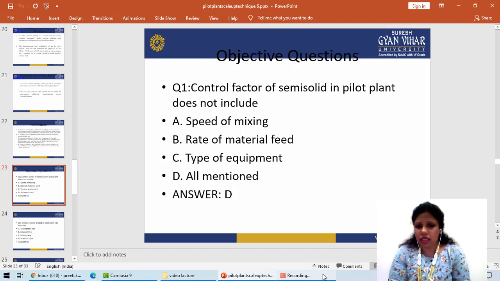Speed of mixing, obviously because mixing is there, so speed of mixing we have discussed, so it is an essential factor. Rate of material feed, always rate of material feed is the critical factor. Type of equipment is also there, which is also a critical factor, so that means answer D, that is all mentioned, is the right answer for this.